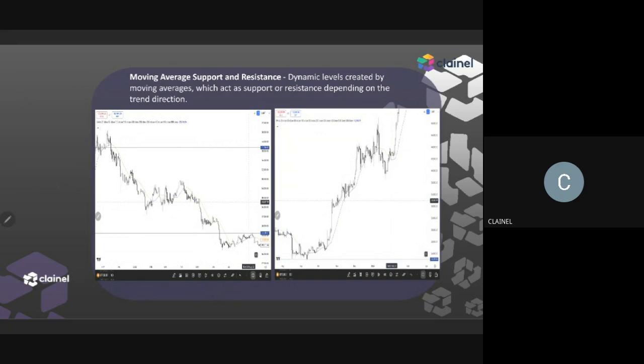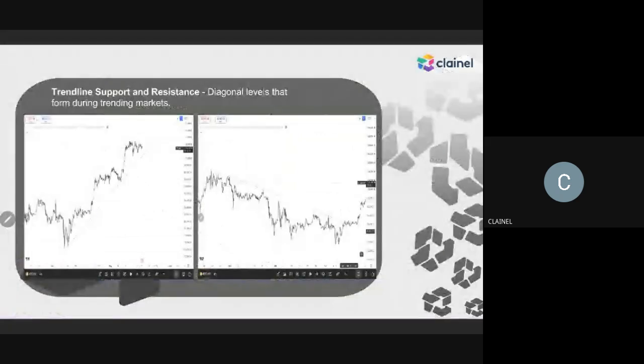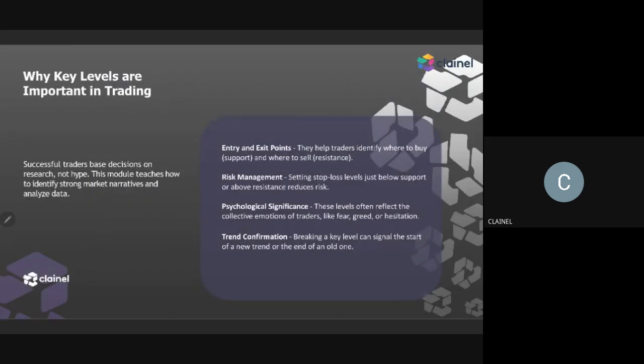There's a lot of buying and selling going on in these charts. Entry and exit points: key levels help you identify where to buy, which is at the support, and where to sell, which is at the resistance.